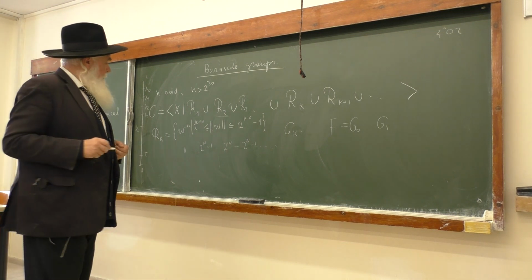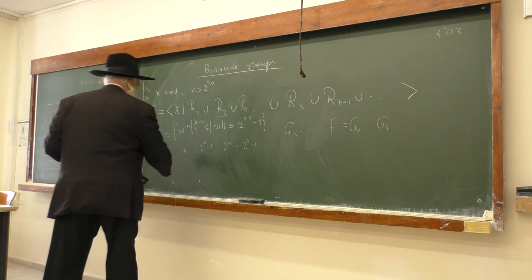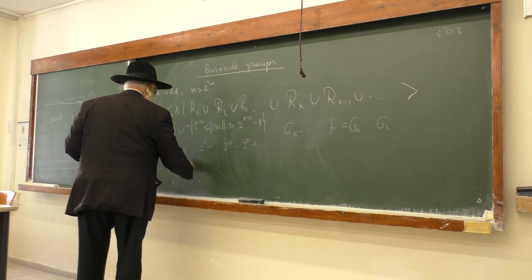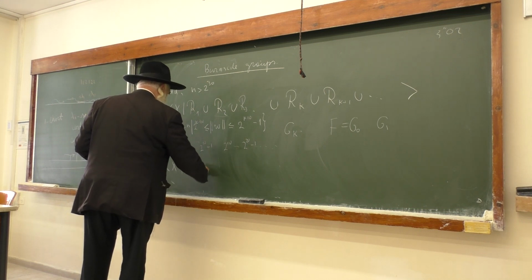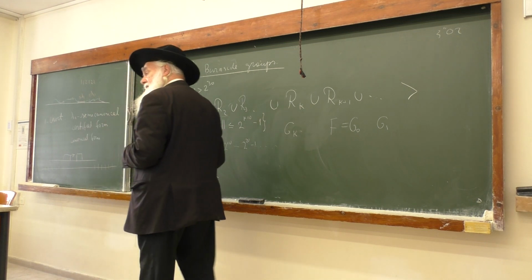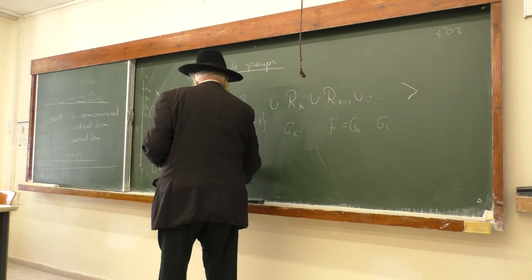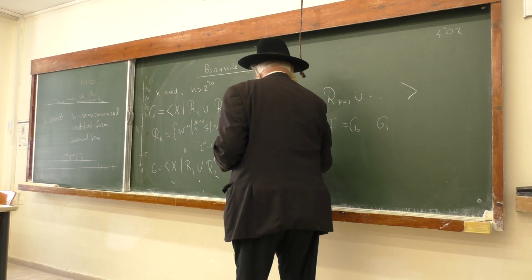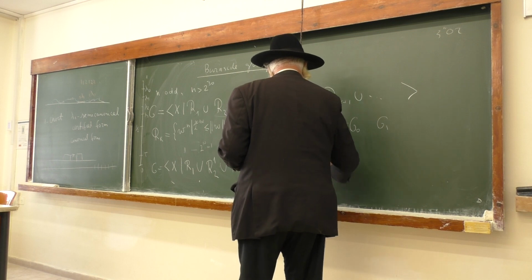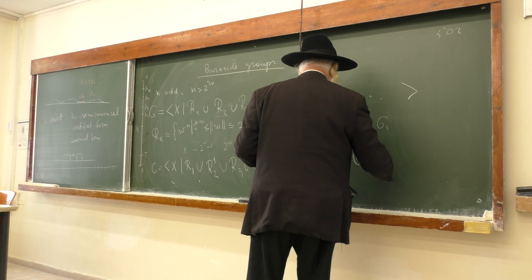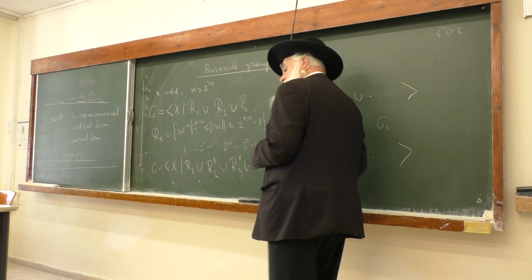So then we will have here R1, then R2,1, the canonical form of them, R3,1, etc., RK,1, RK plus 1, etc. So this was our first step.